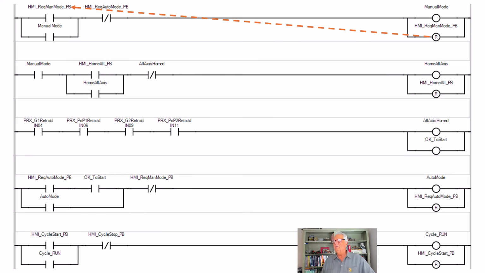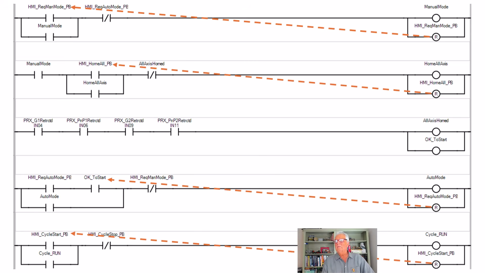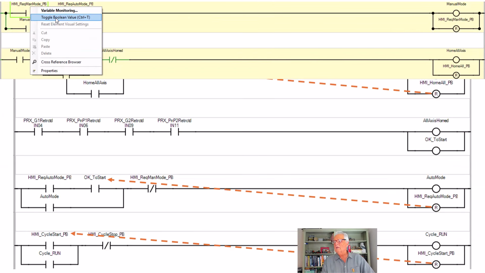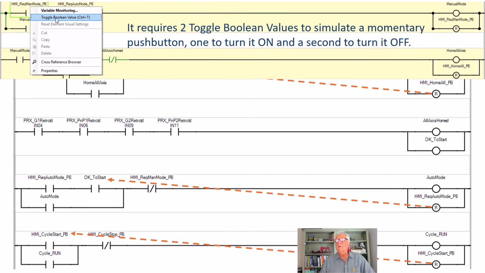Once it's in the manual mode, it clears that first button. Same thing with the rest of them. And here's an example of what it looks like. If you right-click on HMI request manual mode push button and you toggle the value, it requires 2 toggle Boolean values to simulate a momentary push button. One to turn it on, second to turn it off.